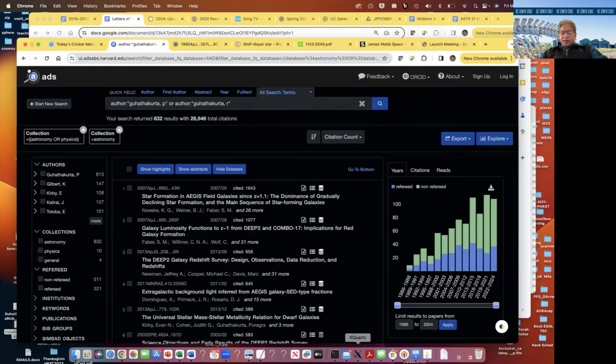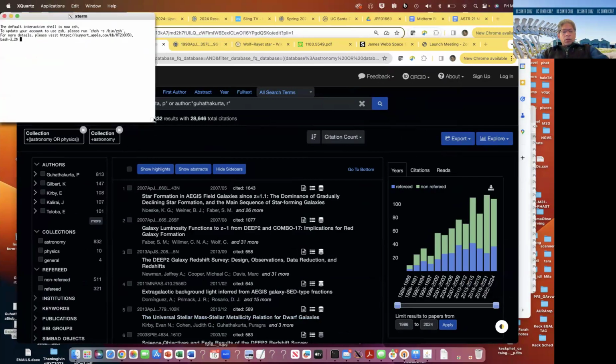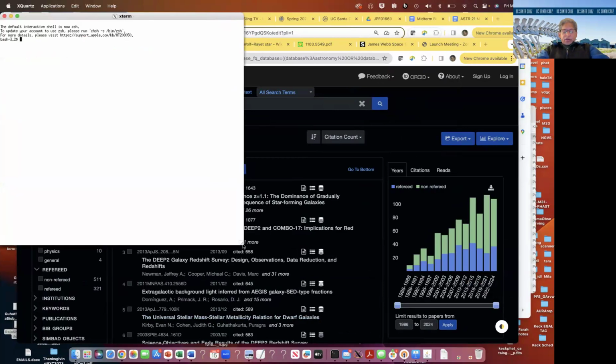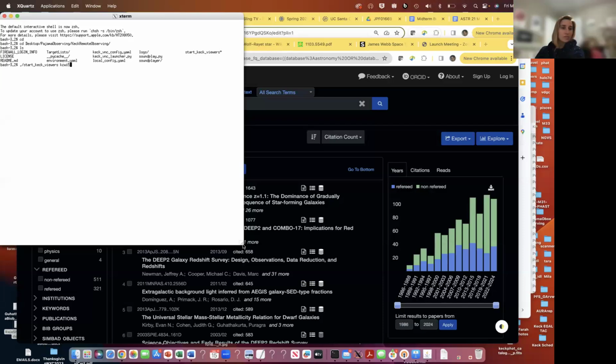So I'm starting up an Xterm window. I have a directory called Pajama Observing, Keck. I've got my VNC viewers, KCWI5. Does that command look correct? Yes.